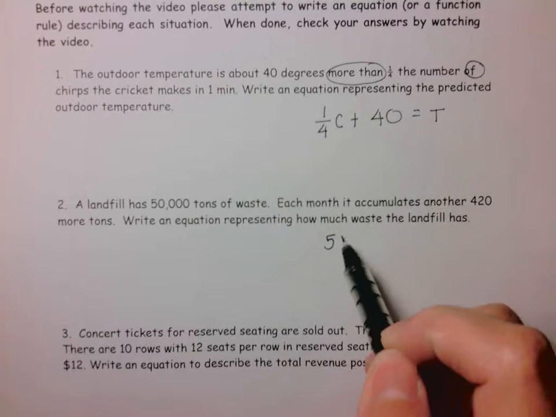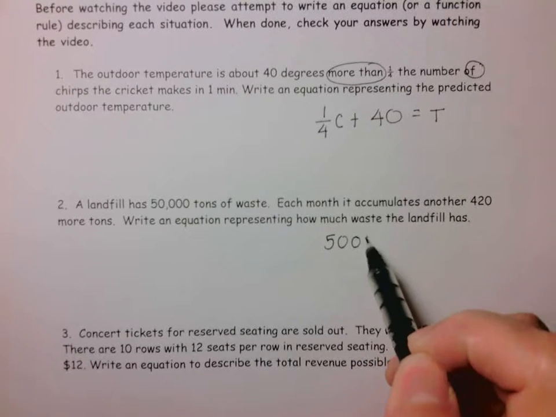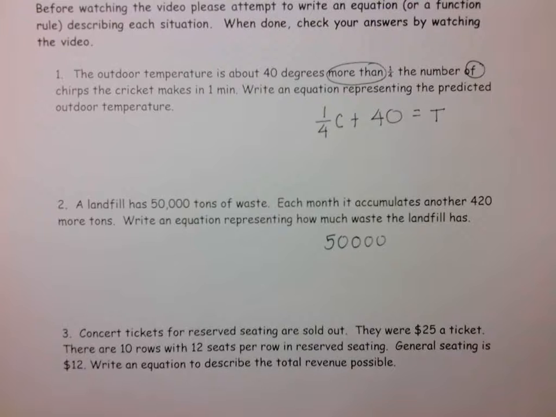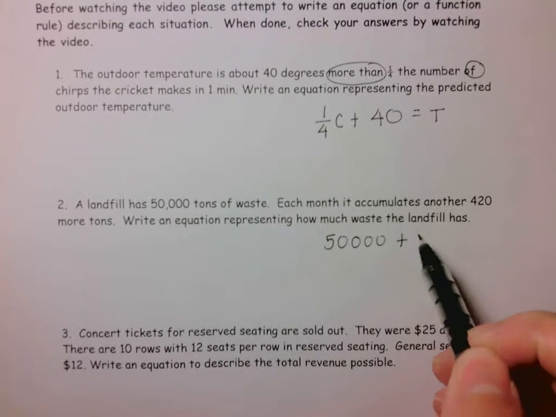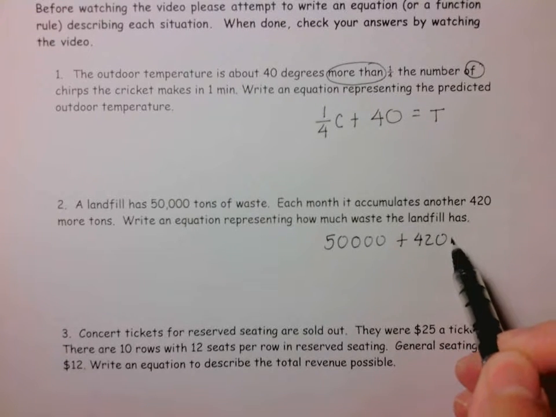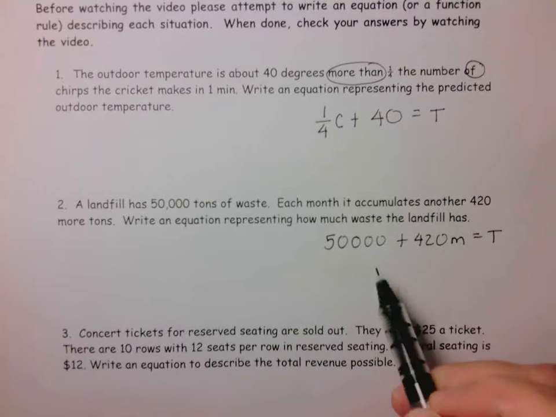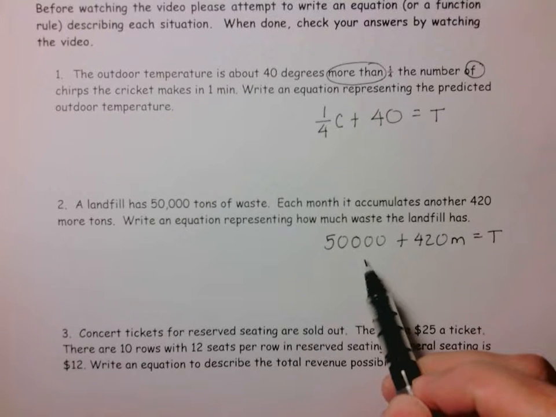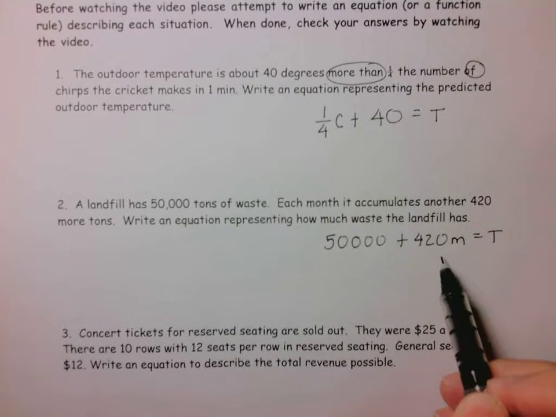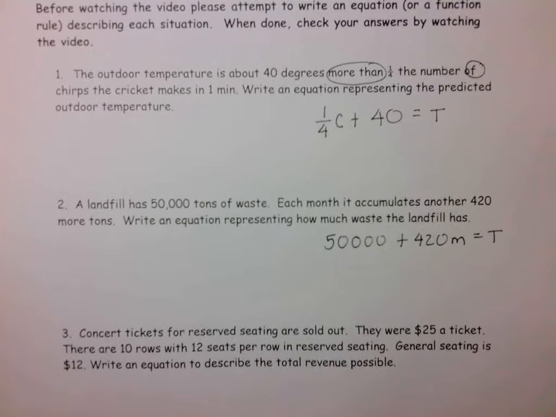I'm starting out with 50,000 tons of waste, and then every month I'm adding another 420 tons. And so the total number of tons is dependent upon how many months have gone by.